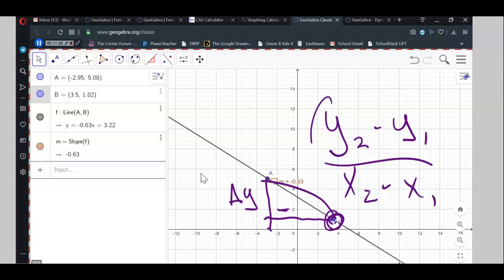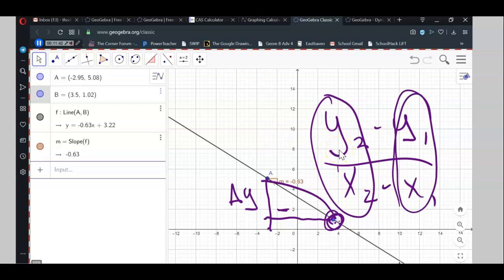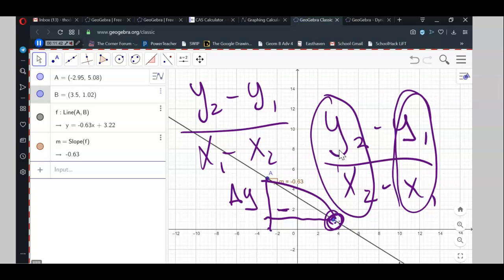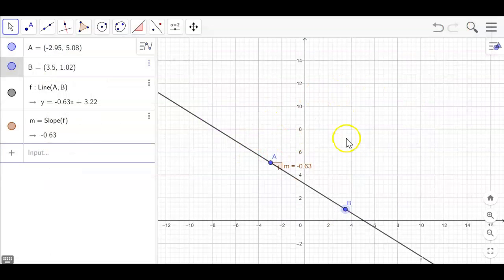So if you're starting with this one right here, you've got to keep the same x and y on top of each other. And this other point is a single point. You can't do y2 minus y1 over x1 minus x2. You'll start getting goofy.